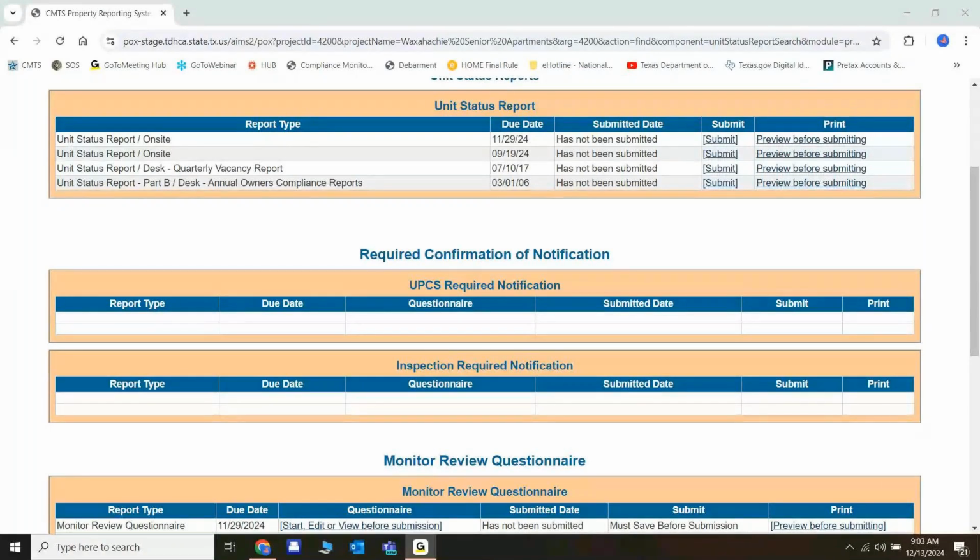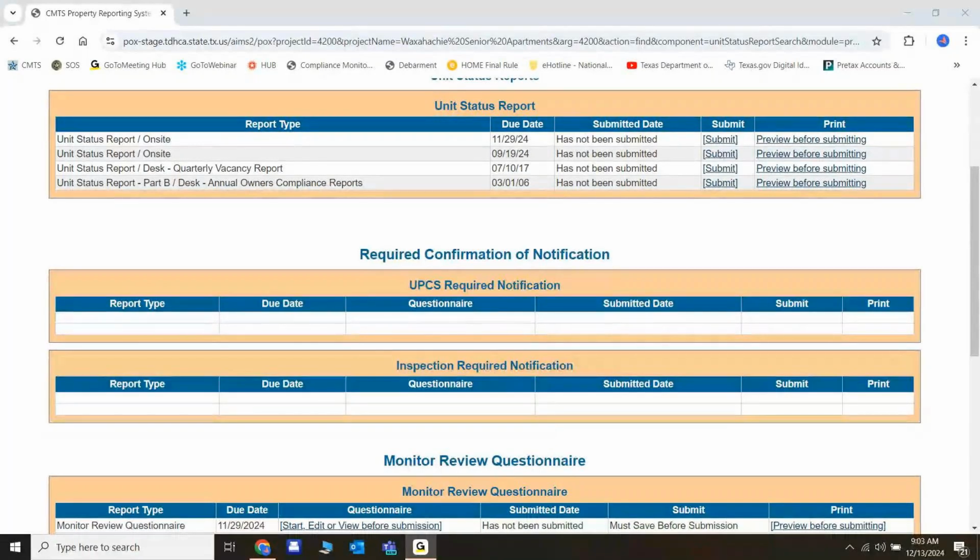However, just recently, the 21, 22, 23, and 24 qualified allocation plans introduced new requirements that we had to monitor for. And so we had to incorporate those into the monitoring review questionnaire.